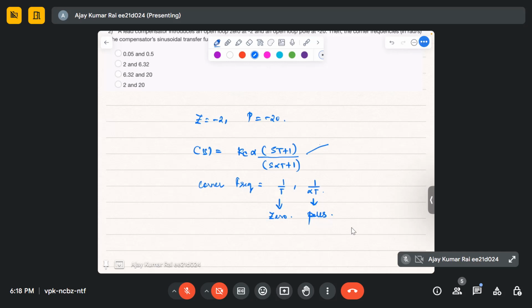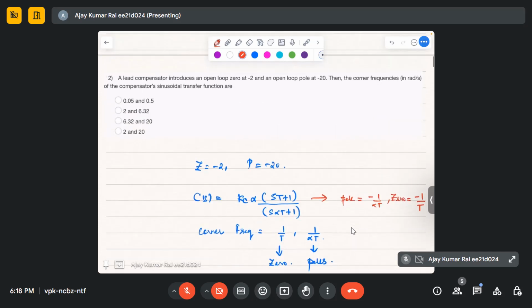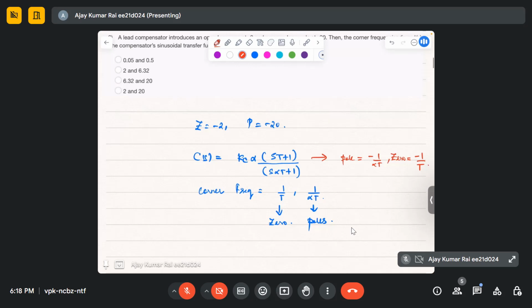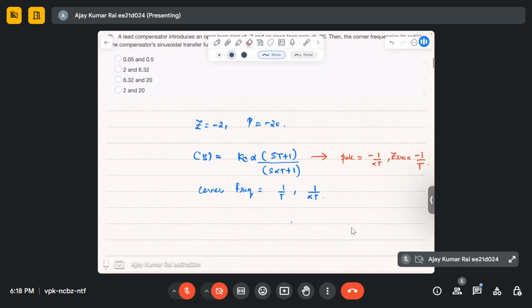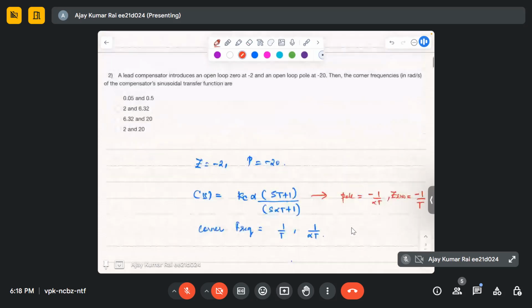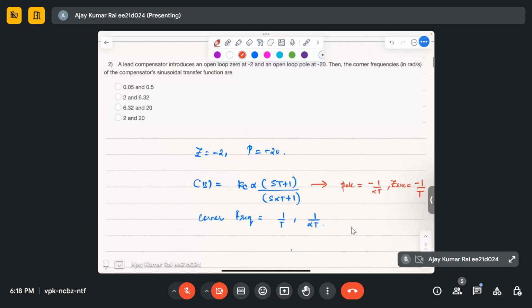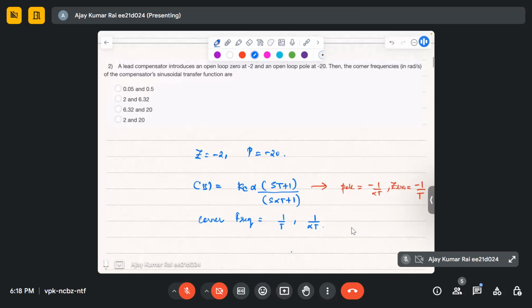The pole is at minus 1 by alpha T and the zero is at minus 1 by T. We are asked about the corner frequencies, so you can relate them to the poles and zeros. The corner frequencies are also the pole and zero of this transfer function. Very simple.